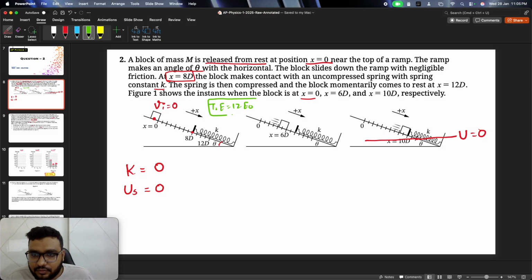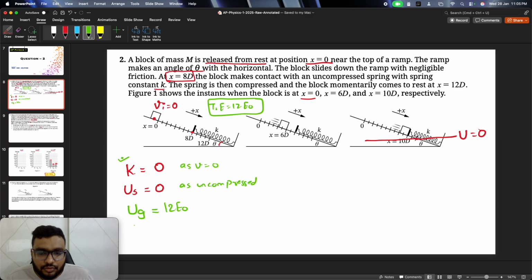So can I say total energy will only be comprised of gravitational potential energy, hence the value of Ug is going to be 12 E naught. Kinetic energy will be 0 as velocity is 0. Spring potential energy will be 0 as it is uncompressed, and hence total energy will simply equal the gravitational potential energy.